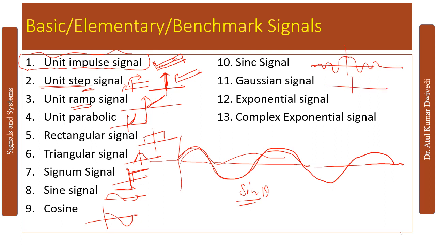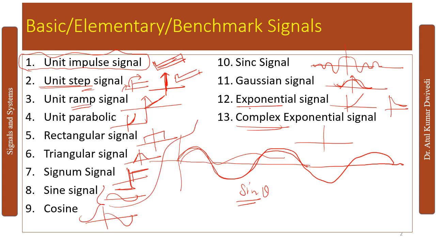The Gaussian signal is a binomial distribution kind of function. Then there is the exponentially increasing or exponentially decreasing signal. The complex exponential is the combination of exponential with sine and cosine terms. Very good. Let us go further and discuss these signals one by one.